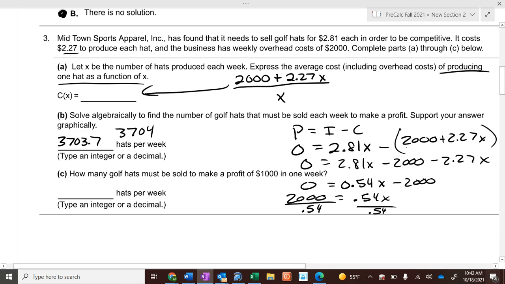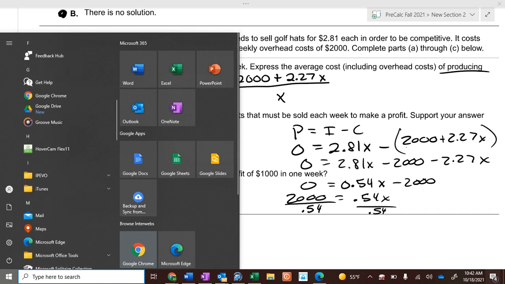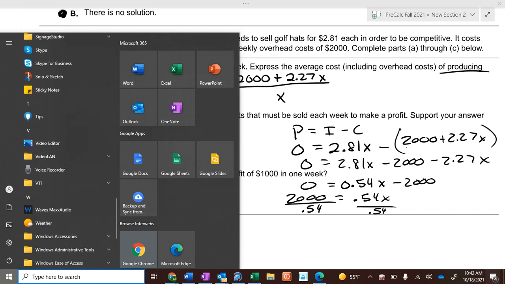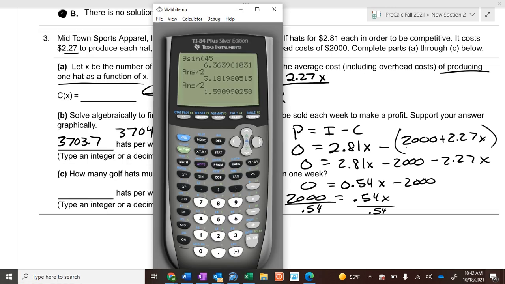Okay. Says support your answer graphically. If I grab my graphing calculator here, Y equals clear. My one graph, I make $2.81 for every hat I produce.